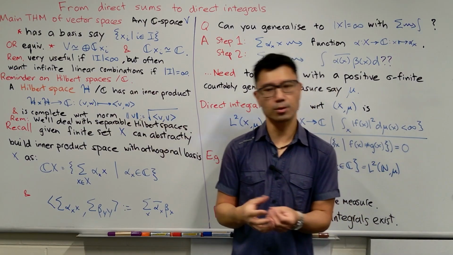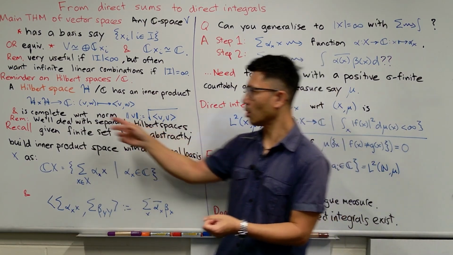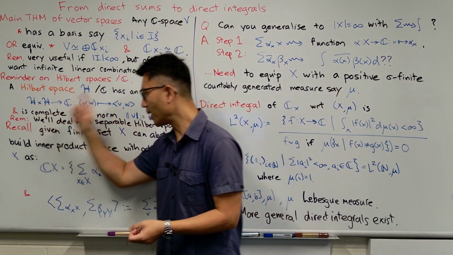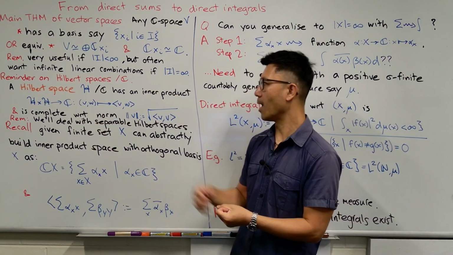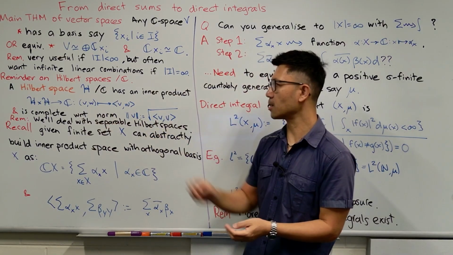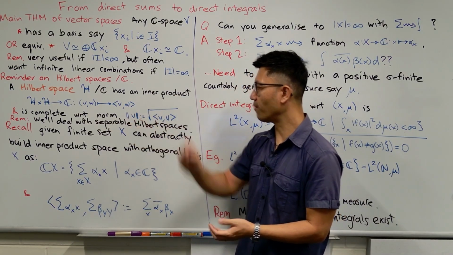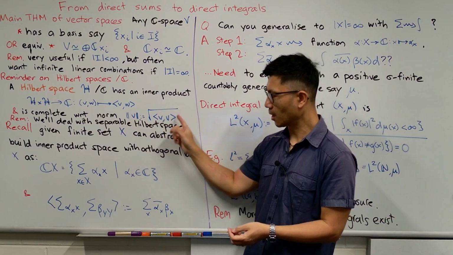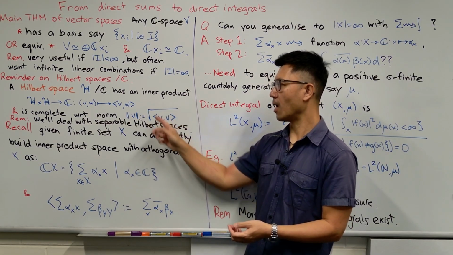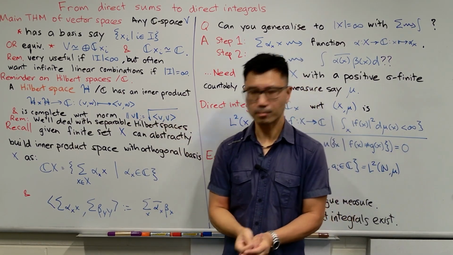And to allow you to take infinite sums, you need this H to be complete with respect to some sort of norm, and the norm is given by this inner product. So how is that? If you want the norm of v, you take the inner product of v with itself, and you take the square root of that.